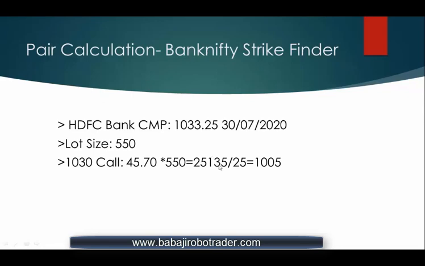Then I divided that premium by the Bank Nifty lot size, and I get a price of about 1005. It's very easy to understand. With this I am getting the Bank Nifty premium, and with this premium I am going to derive the strike price.